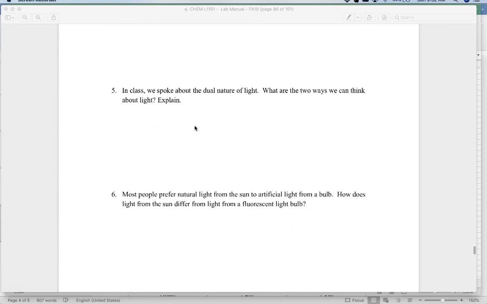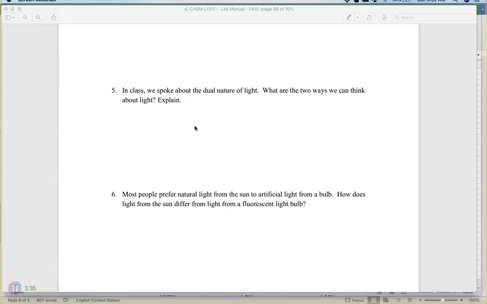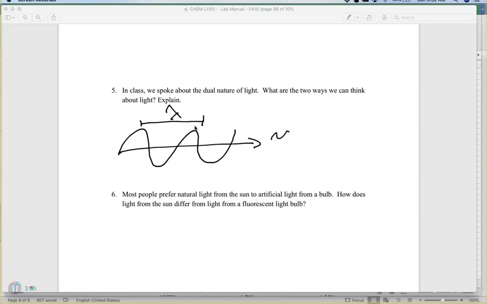Question 5, I don't know if I directly addressed this in the pre-lab lecture that I pre-recorded. If not, I'm just going to do a quick overview about this dual nature of light. A lot of the pre-lab lecture focused on the wave nature of light, and two particular properties, wavelength and also frequency, or nu.